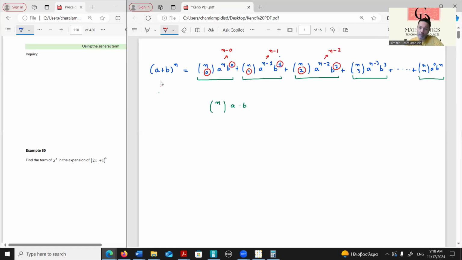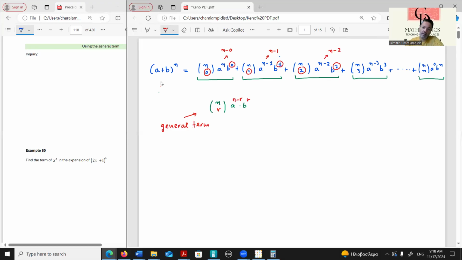So by assuming that down there I should have, let's say, r to represent that value, up here I should also have r, and here I should have the difference of that from n. And this is what we will call the general term.